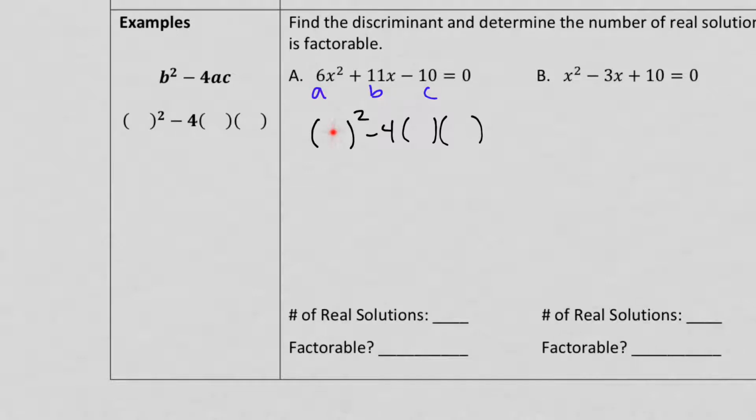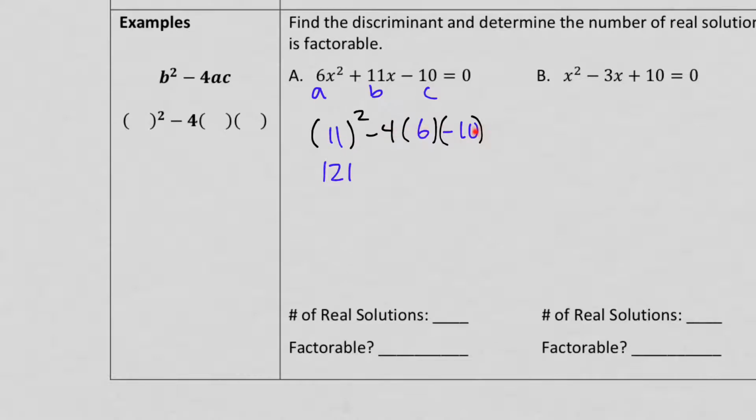So this is going to be your b value, so b squared, so it's 11 in this case. So 11 squared minus 4a, in this case a is 6, so that goes here. And then c, here c is negative 10, that goes here. And then guys, if you need a calculator, that's fine, use it if you want. But here 11 squared is 121, so 121.